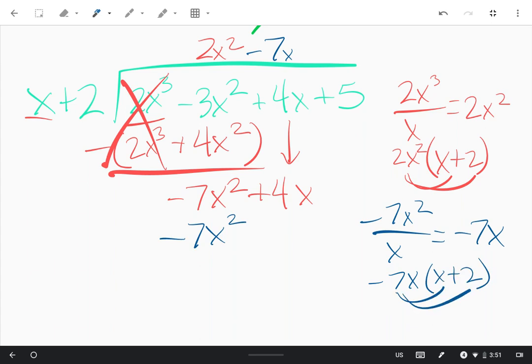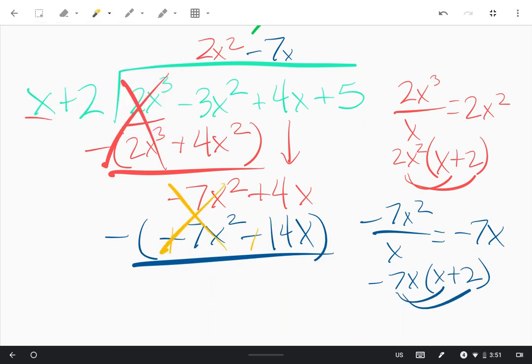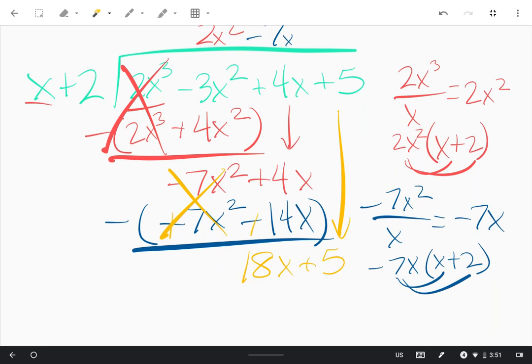That should be the same, that's what we want. Minus 14x. We're going to subtract that entire thing. That's going to make these plus, and cancel that out. 14 plus 4 is 18x. Bring down the 5.